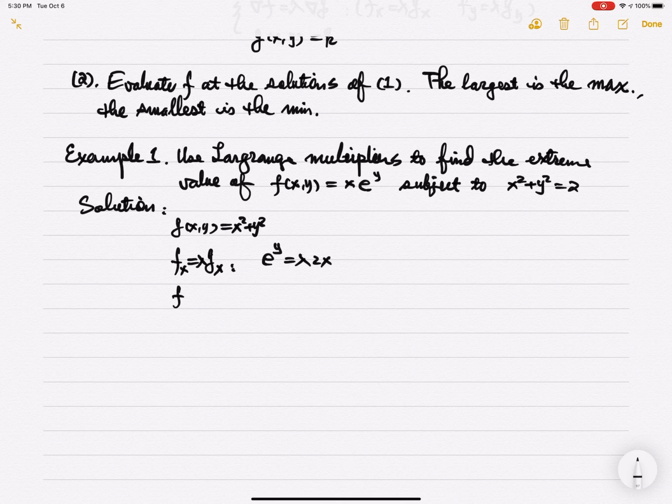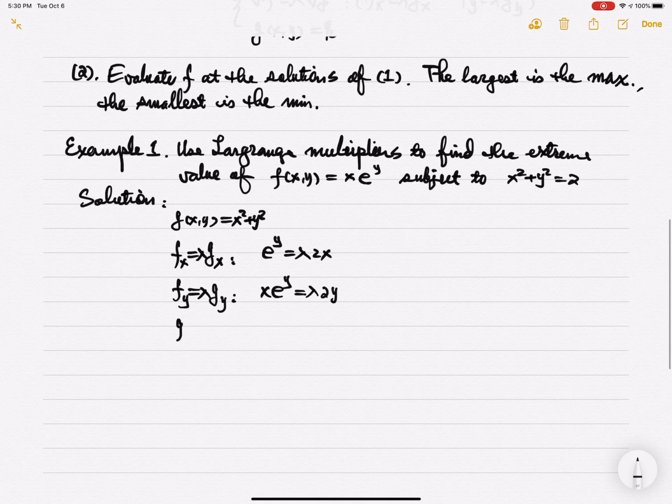And f sub y equal to lambda g sub y, so x e^y equal to lambda 2y. And then we say g equal to 2, so we have x squared plus y squared equal to 2.